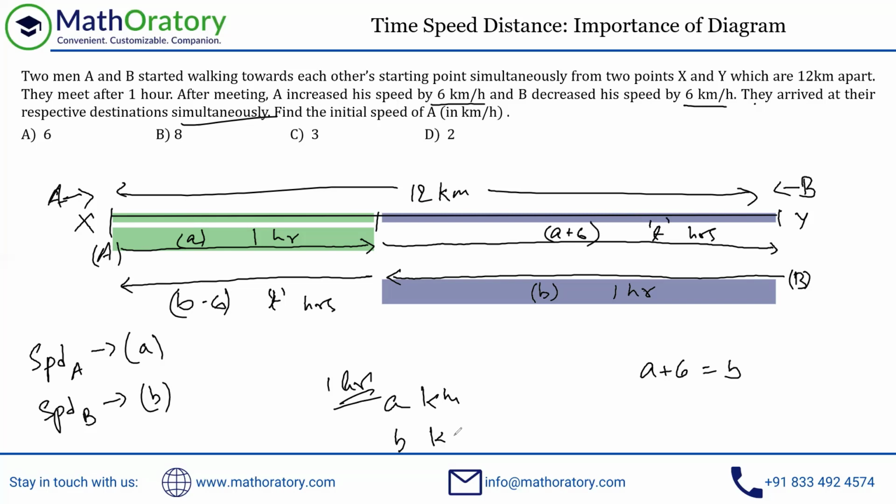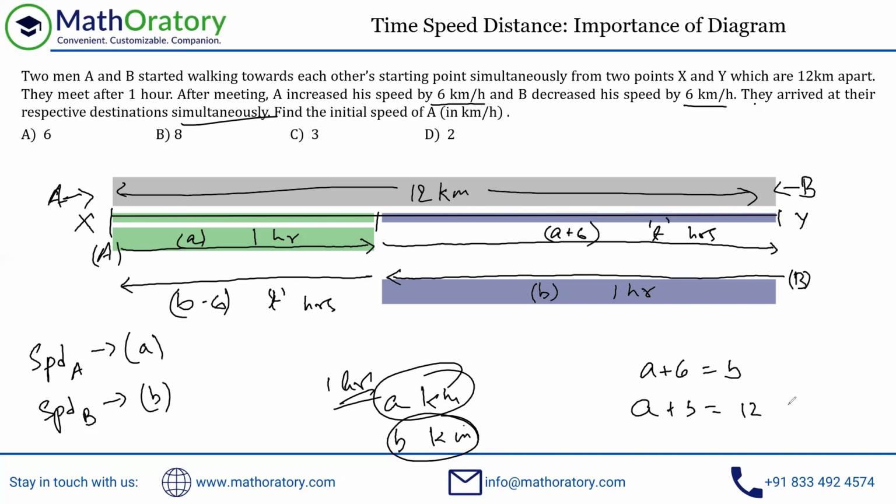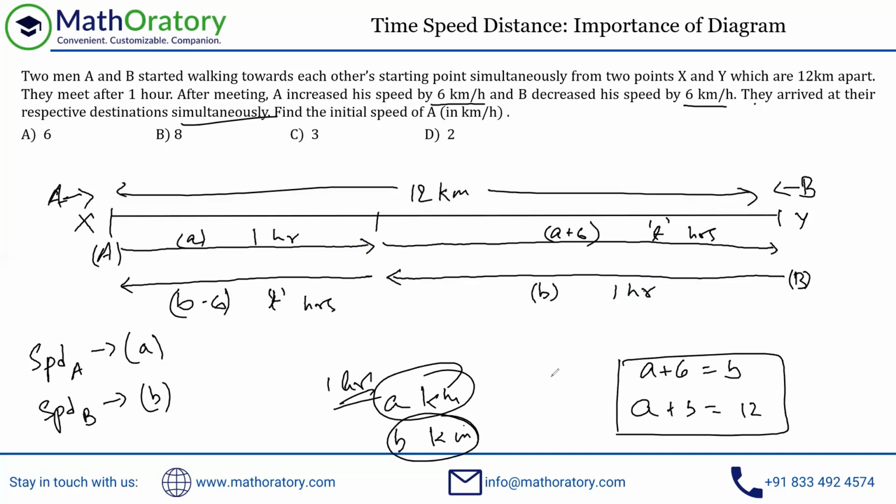So a kilometers and b kilometers should be this distance and this distance, and a plus b is equal to 12, that is the entire distance between X and Y. Using these two, we can solve and find that a is 3 and b is 9, and that gives us our answer straight away.